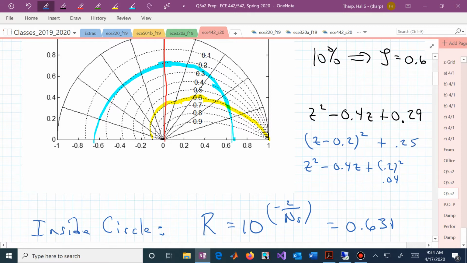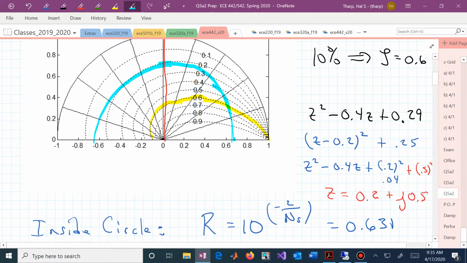I hope you see what I'm trying to do. That's now 0.5 squared. So this is now saying that one of those poles is at 0.2 plus j0.5.